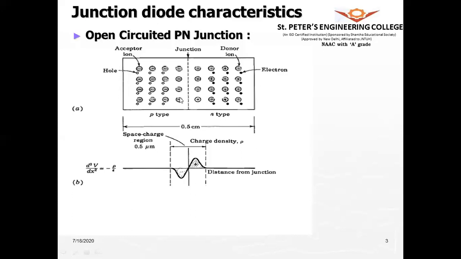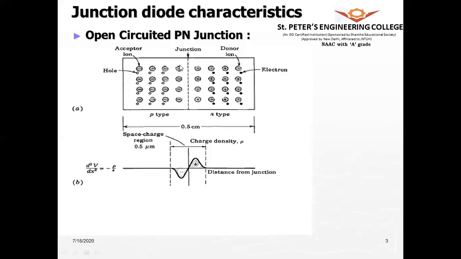This region around the junction, we call the space charge region, whose width is around 0.5 micrometers. So you can imagine the size of that. And we can see the charge density around this region.